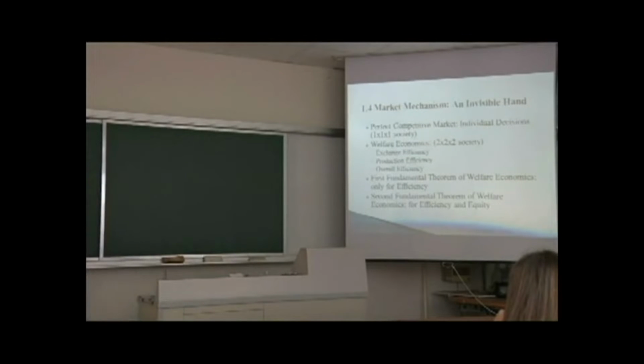For our real life, I would like to talk about this. Okay, this is one person, one person's decision. And then we also try to know two persons. And then we also try to know all of society.